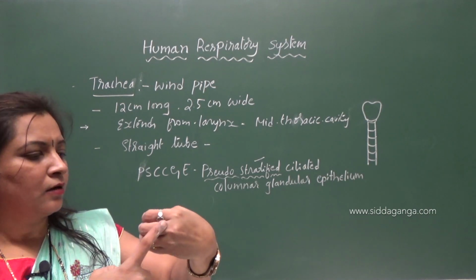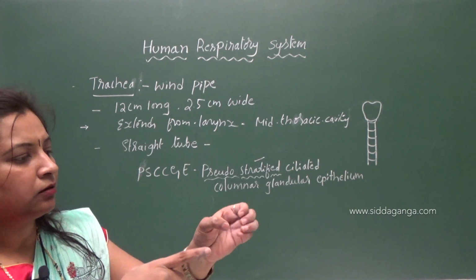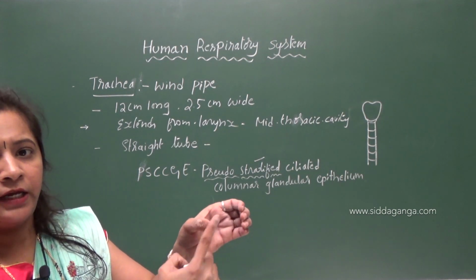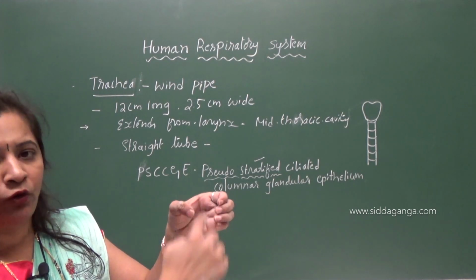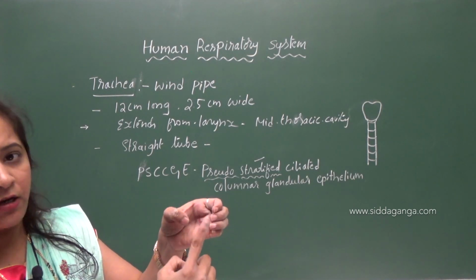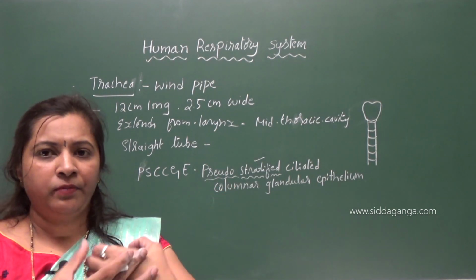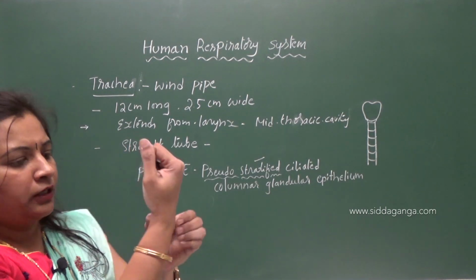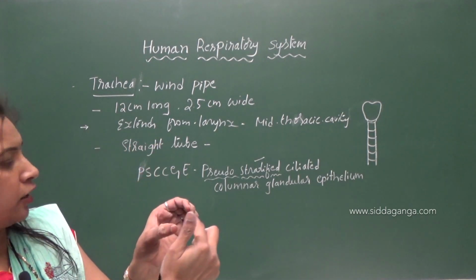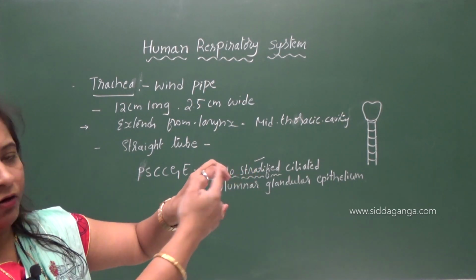These are present only on the front part of the trachea, but on the back side these cartilaginous rings are not there. It is having only the muscles. This is on the dorsal side where the esophagus comes. So the windpipe, that is the trachea, is on the front, and here is the esophagus. In the region of the esophagus there are no cartilaginous rings. That's why it appears like a C shape.